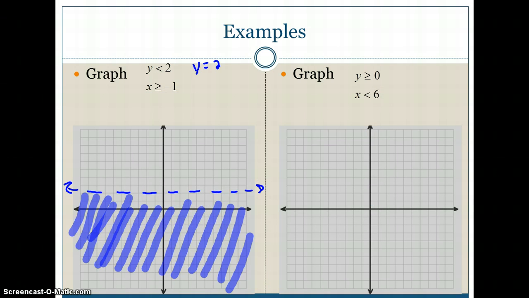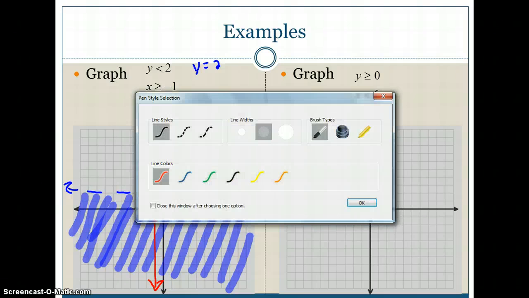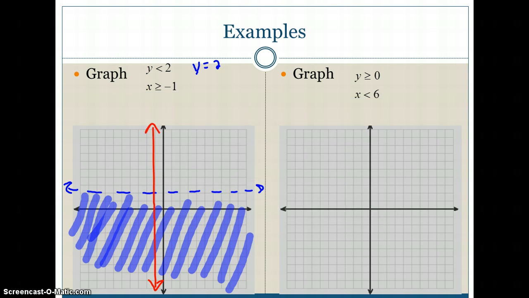Now we have x is greater than or equal to negative 1. That's a solid line right there. Now x is greater than or equal to that. That means we shade to the right because the x values get greater to the right. So we would shade this area here.